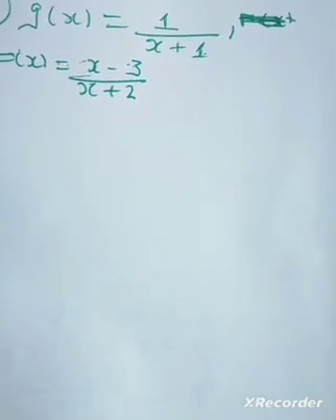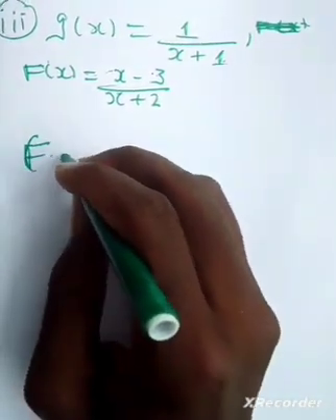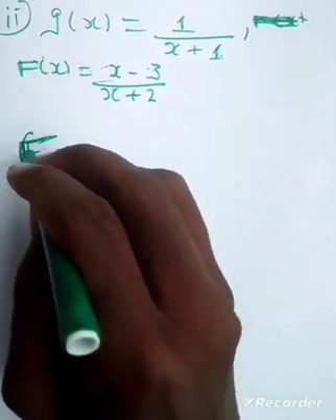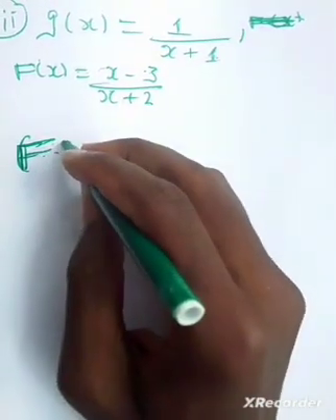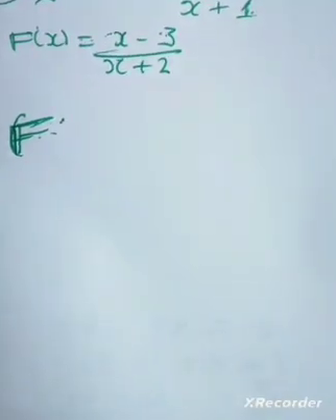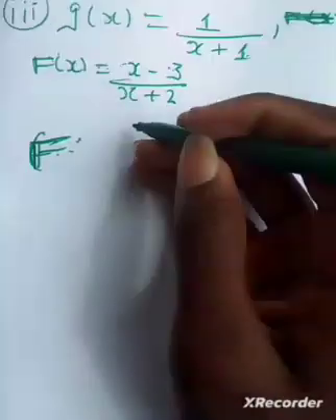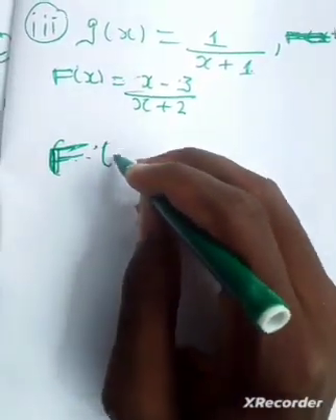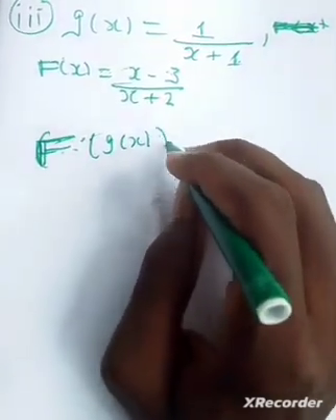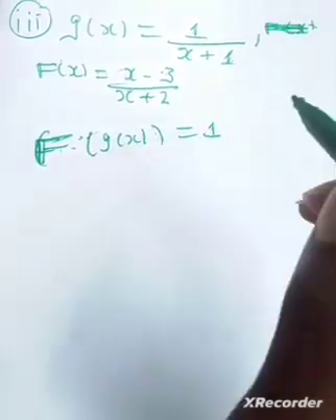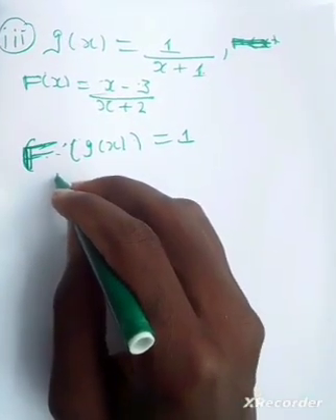Solve the equation f of g of x. It should be equal to 1. So they're simply saying that find f of g, then equate it to 1.